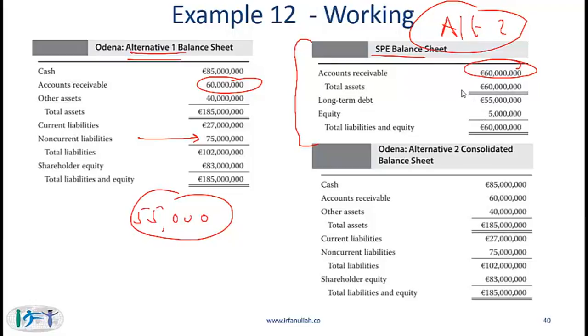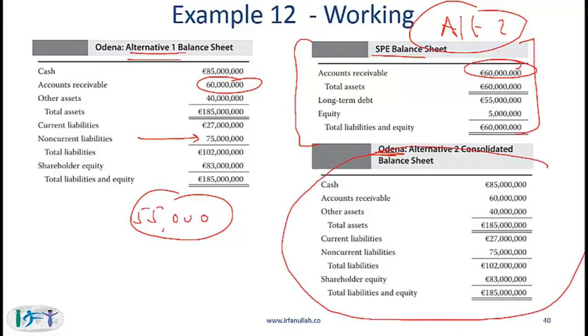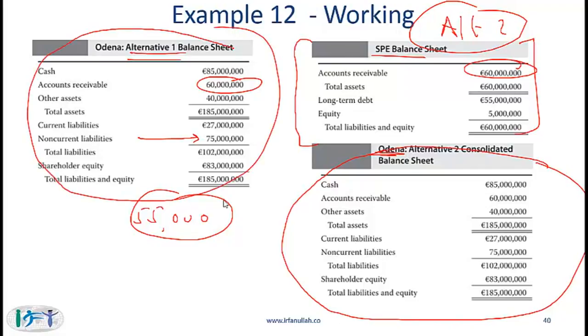Clearly in this example, the sponsor, which is Odena, is the beneficiary. And since the sponsor is the beneficiary, this SPE needs to be consolidated into the sponsor's balance sheet. Notice that this consolidated balance sheet looks exactly like what we have in alternative 1.